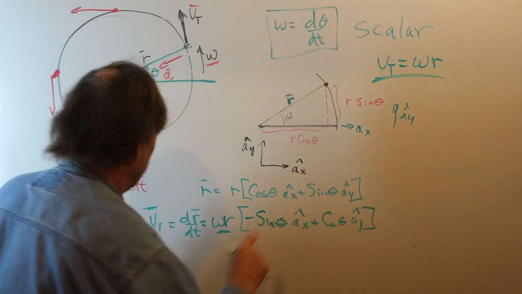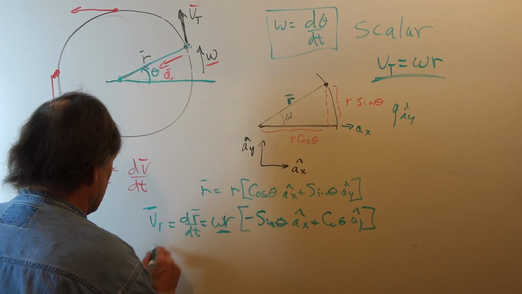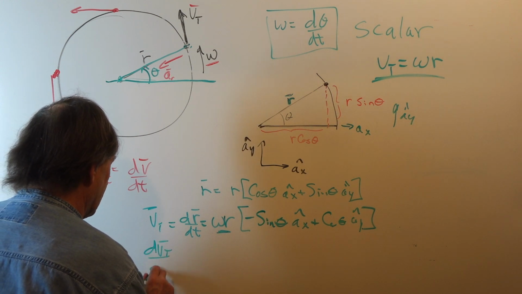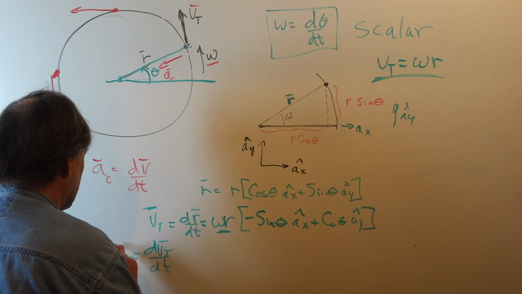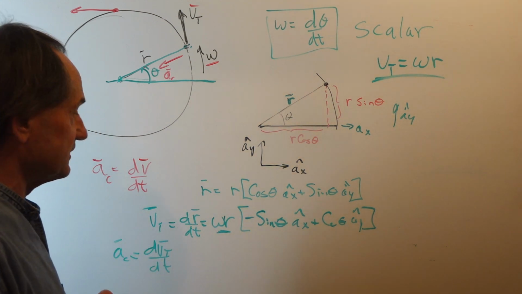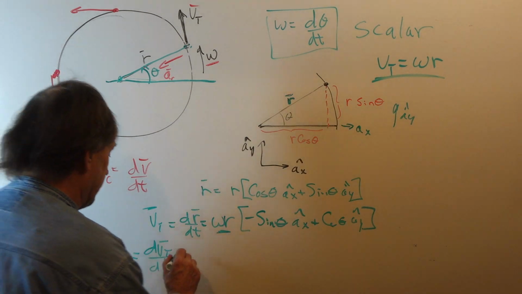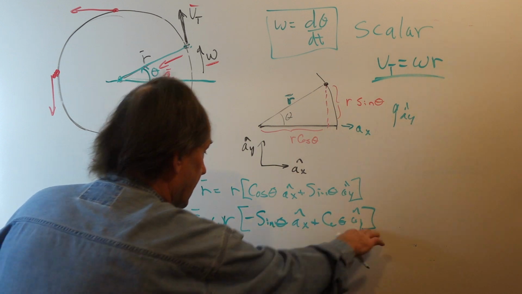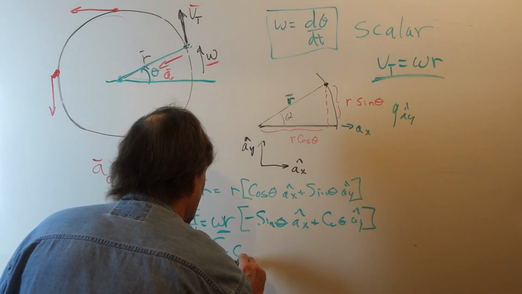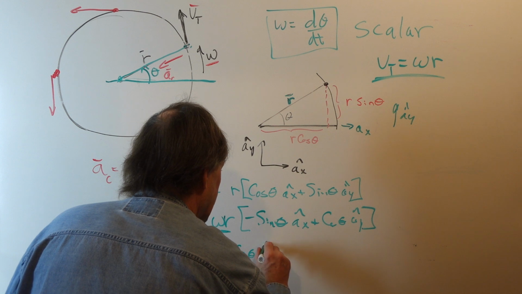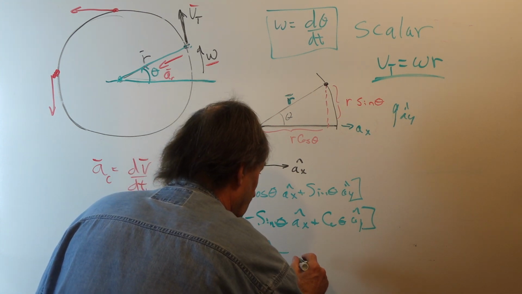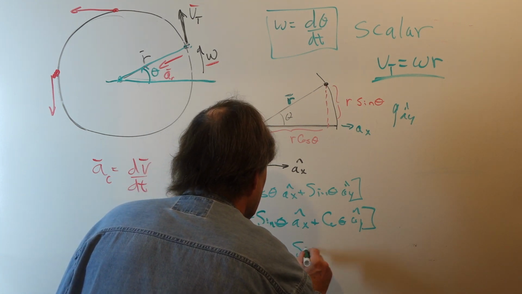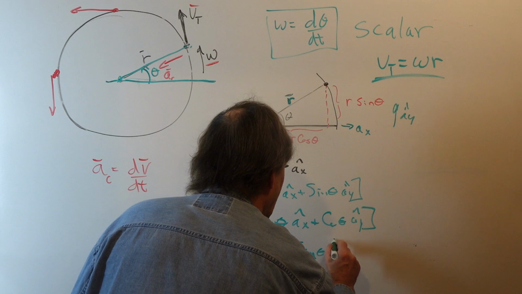This magnitude is 1. Now, if I take a second rate of change with time, that is, I take the rate of change of velocity with time, and remember, we call this acceleration, the centripetal acceleration. Well, what is that? Omega and r are constant, so they remain out. And if I take the time derivative of this, minus sine becomes minus cosine theta in the ax, and the time derivative of cosine theta in the ay becomes minus sine theta in the ay direction.